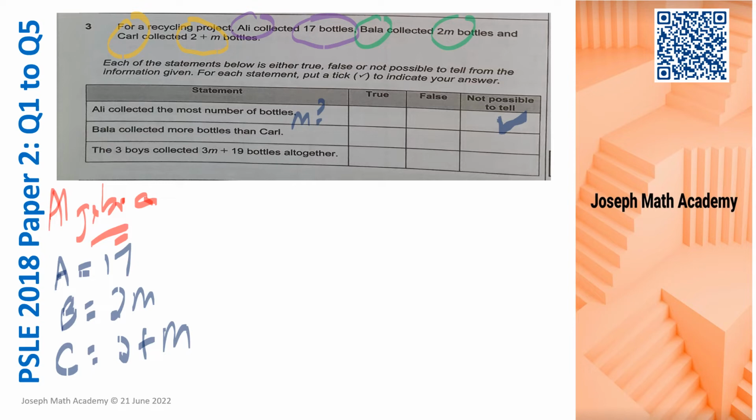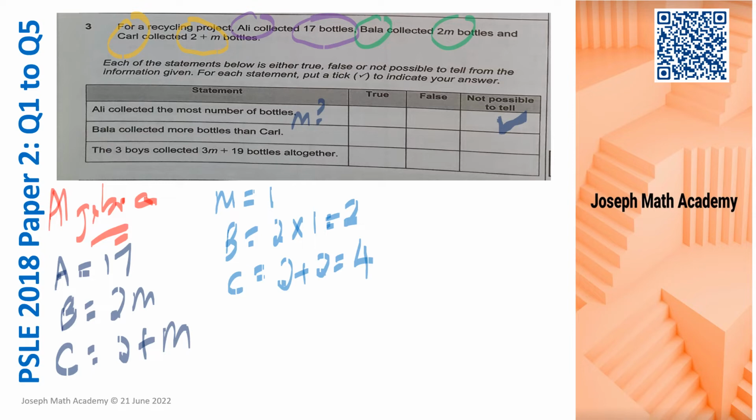Now, statement number 2. Bala collected more bottles than Carl. Let's find out. Is it really true that Bala collected more than Carl? So we have to give M a value. Let's say M equals 1. If M is equal to 1, Bala will have collected 2 times 1, that is 2. And Carl collected 2 plus 1, that is 3.